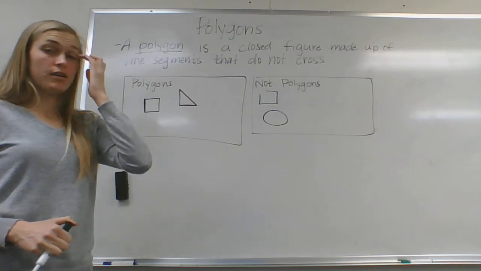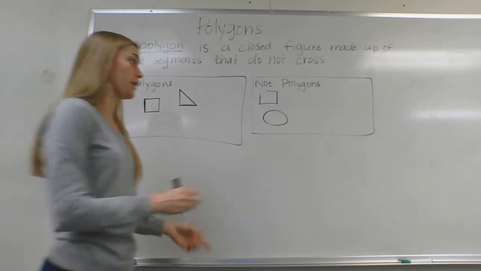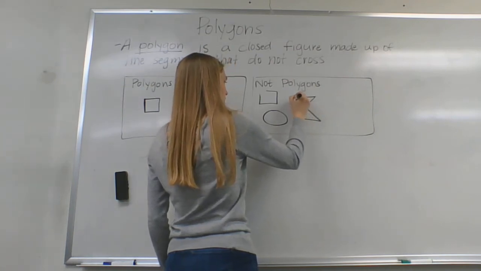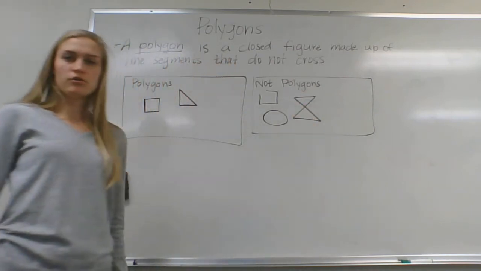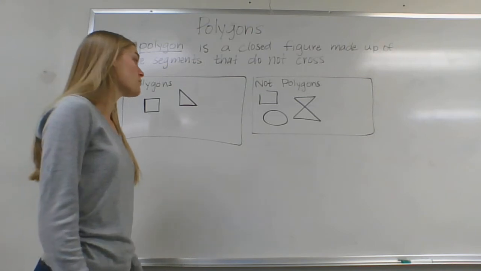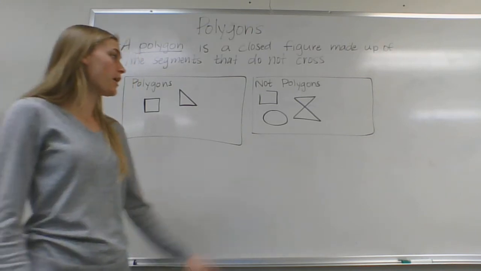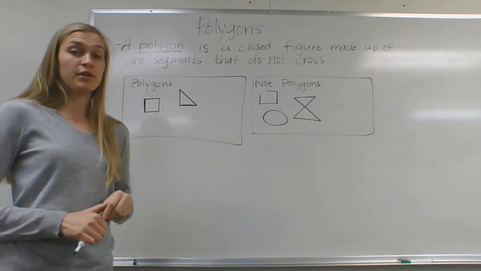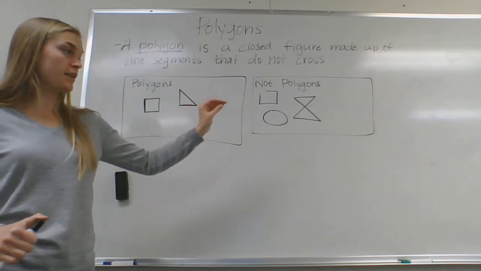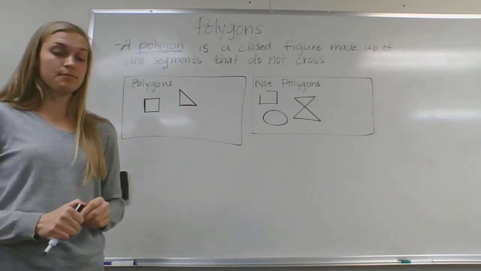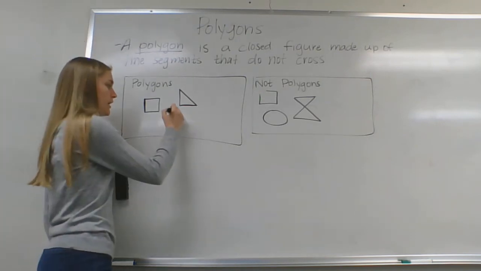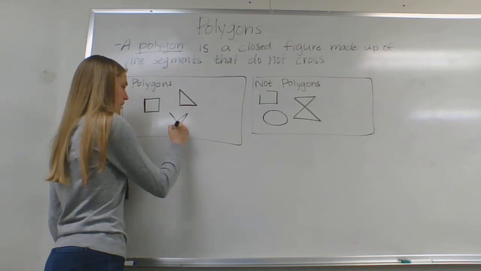Another example of something that's not a polygon, something like this. Right? That one's closed. It's made up of line segments, but they cross each other right here, so that one's not a polygon. To me, it looks like a couple polygons put together and touching at the tip. That's not a polygon. You can also have polygons that do something like this, right?